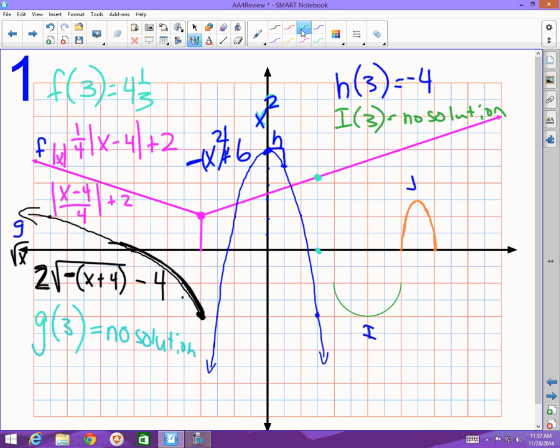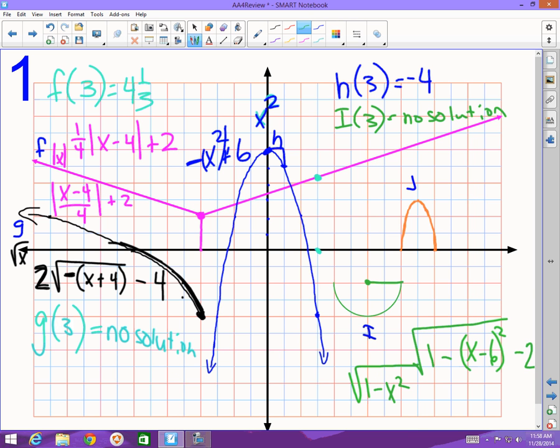All right, now the green one. This is the square root of 1 minus x squared. Now the center of this is right here, which is to the right 6 and down 2. So then if you're going right 6, it would be x minus 6 squared, and then minus 2 on the outside. Square root of 1 minus x minus 6 squared.